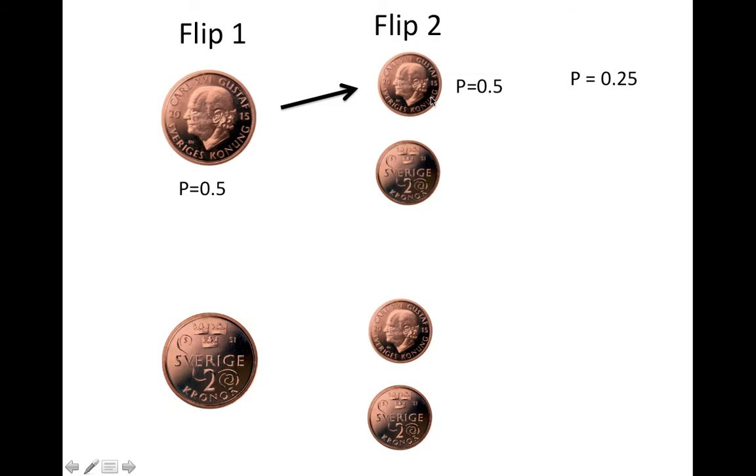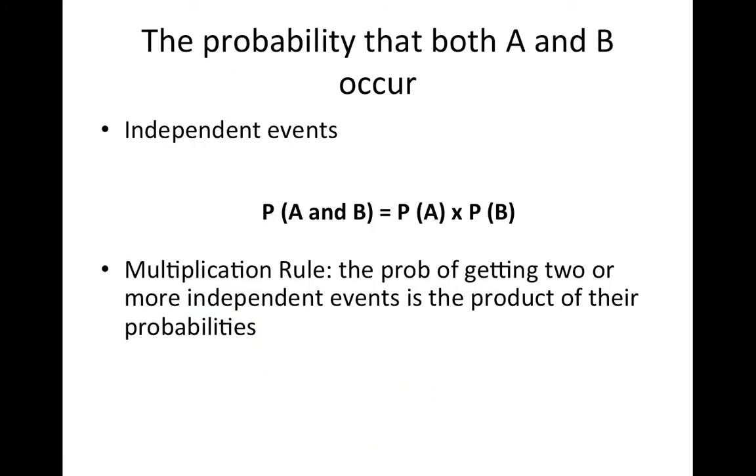The probability of each of these series is of course 1/4. The probability of getting heads, heads is 0.25. That is also 0.5 times 0.5. So the probability of 2 independent events that both occur is the probability of each event multiplied with each other. This is the multiplication rule.